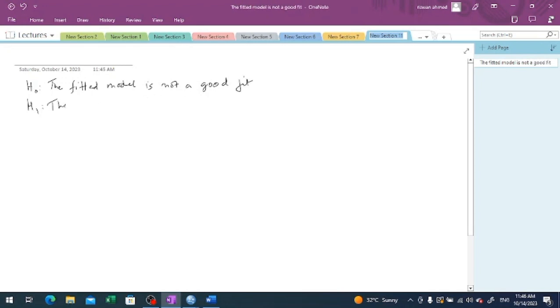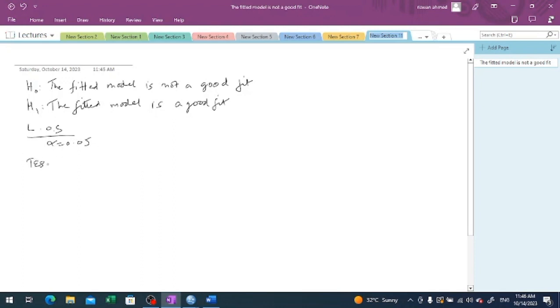The fitted model is a good fit. Level of significance is alpha 0.05.